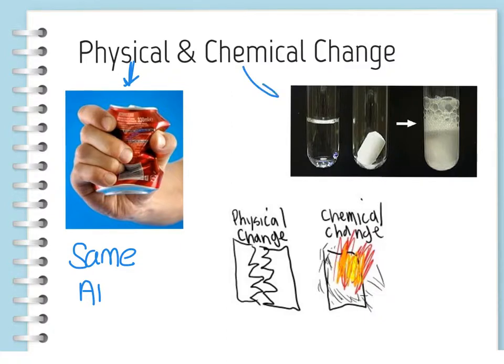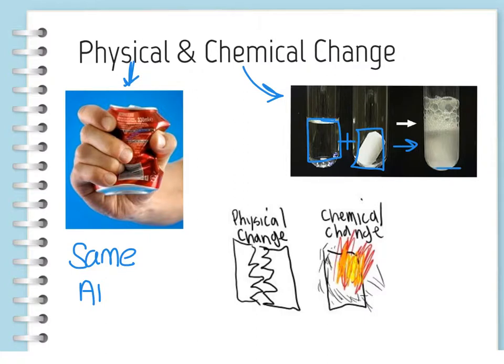In this image, we have a chemical change. We have a liquid here, which I'm going to guess is probably some kind of acid like vinegar. And then we have chalk, and when you put them together, you get this bubbling, fizzy stuff, and it is no longer chalk and vinegar.